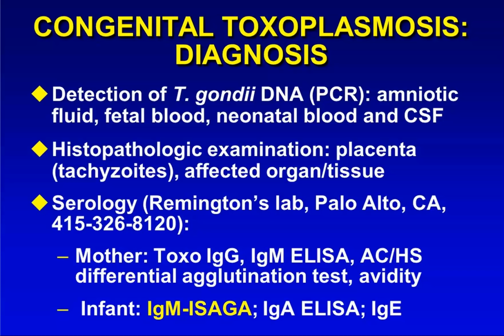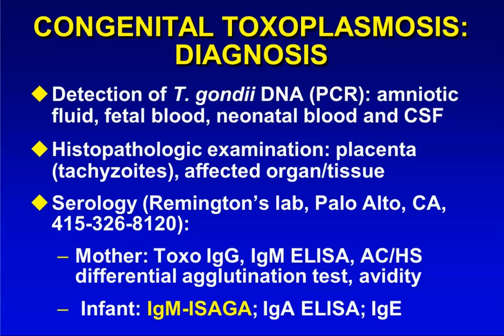Because for women who are immunocompetent, who do not have any problems with their immunity, it is primary infection or reinfection during the pregnancy that leads to congenital infection. If a woman's immune system is normal and she got infected before conception, then it's not a concern for infection of the fetus.